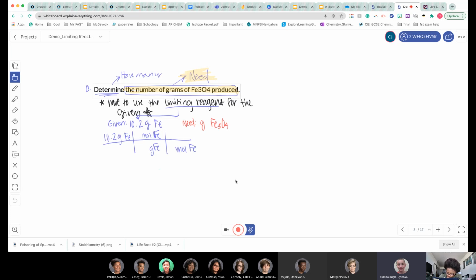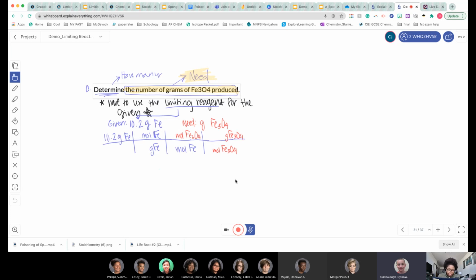We need the moles of Fe3O4. Good. Am I finished? No. Then we're going to put moles of Fe3O4 on the bottom, and grams of Fe3O4 on top. Good. Am I finished? Yes.